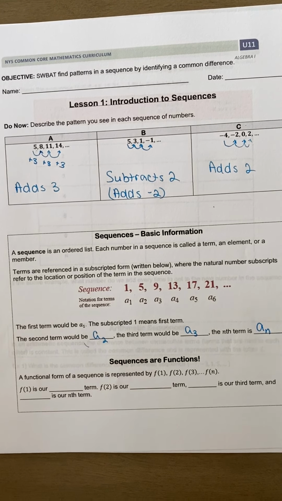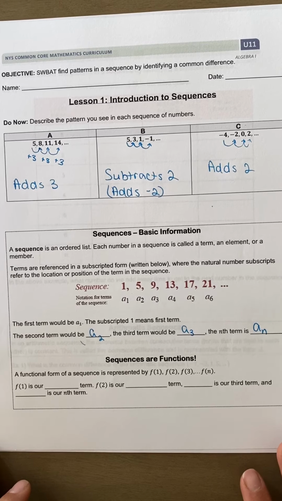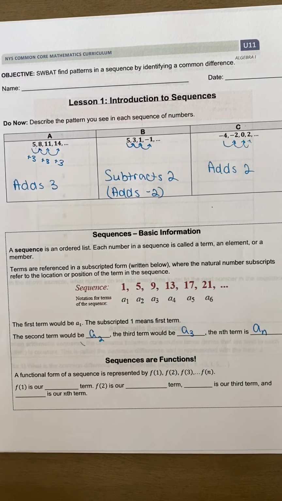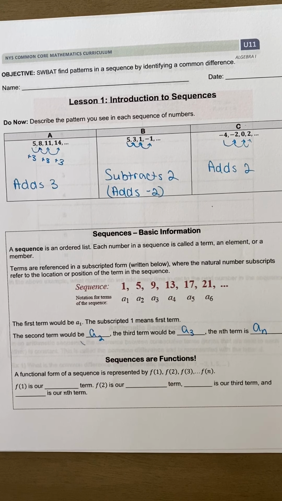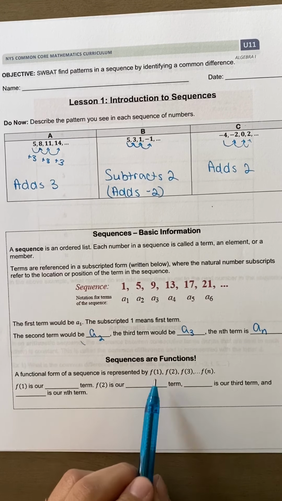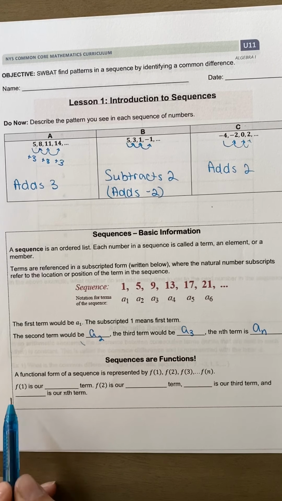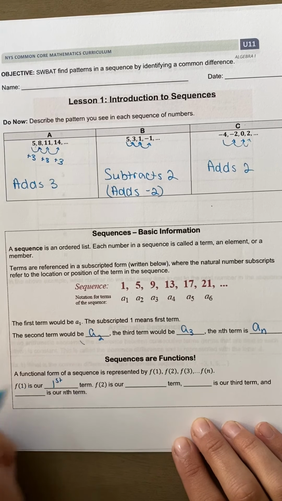Okay. We can also represent them using function form, right? Because sequences are functions. If we were to plot the points of these, we're never going to fail the vertical line test. That's just essentially what that's saying there, okay? So if I use function form, this is going to be the first term, the second term, the third term. So F of 1 is our first term.